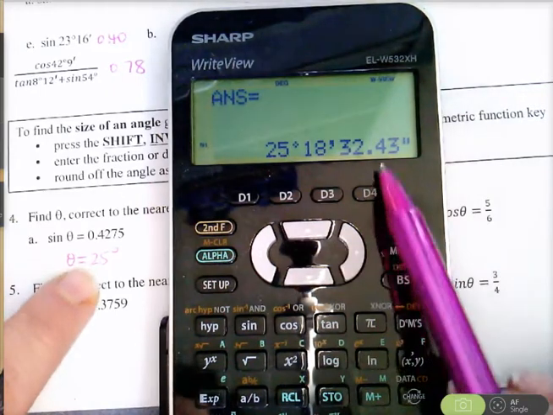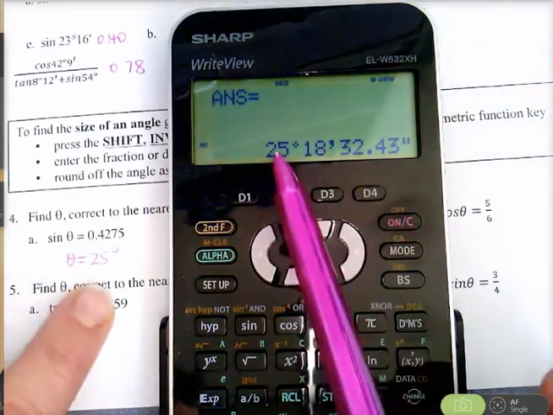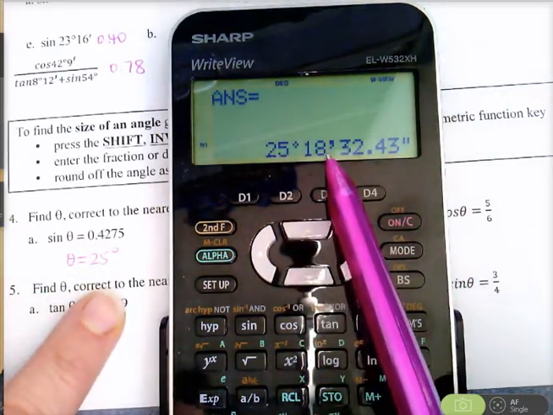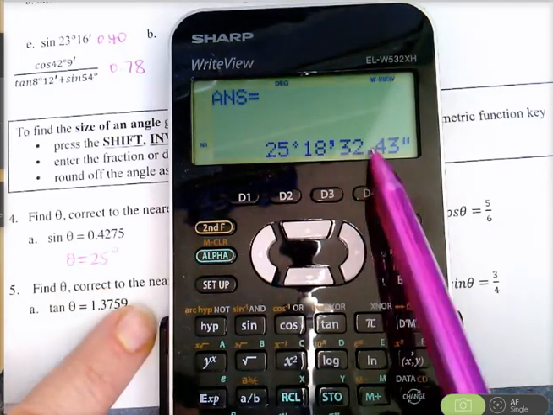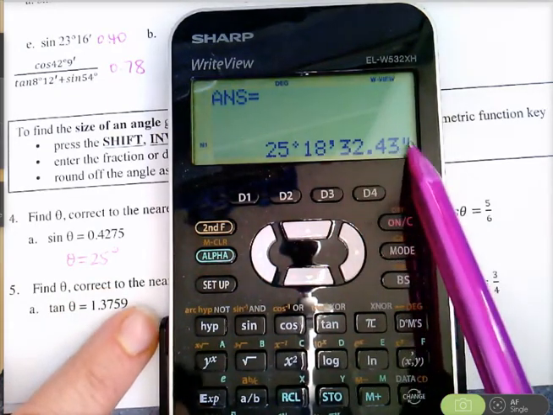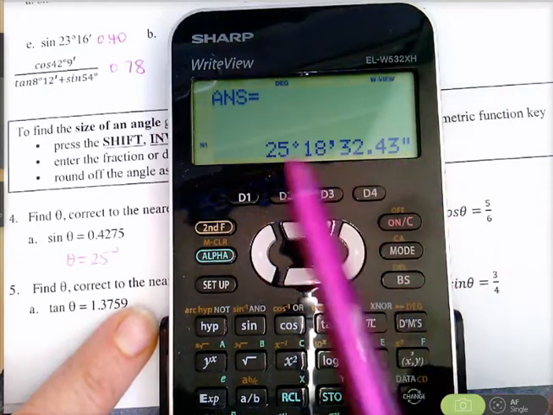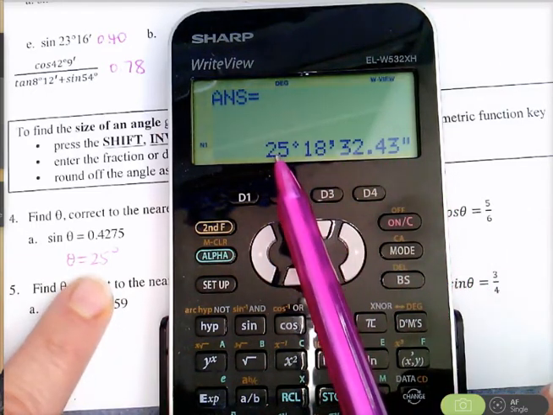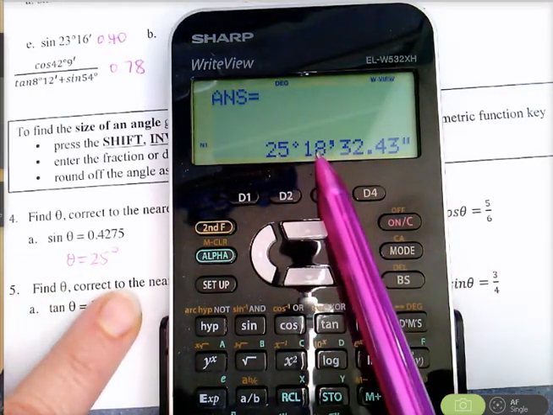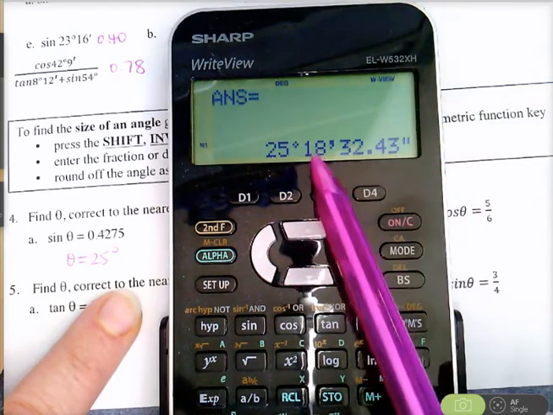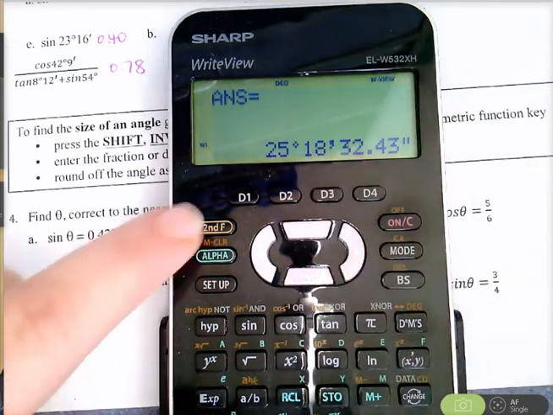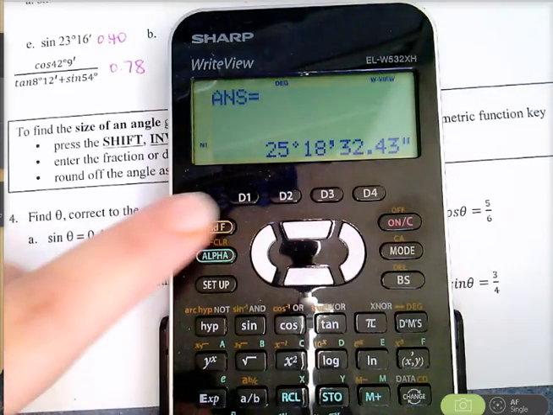So that 25.3 is the same as 25 degrees 18 minutes 32.43 seconds. Rounding to the nearest degree, 25 degrees 18 minutes is less than 30 minutes, so it's closest to 25 degrees.